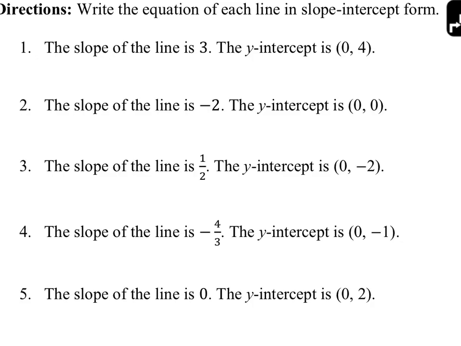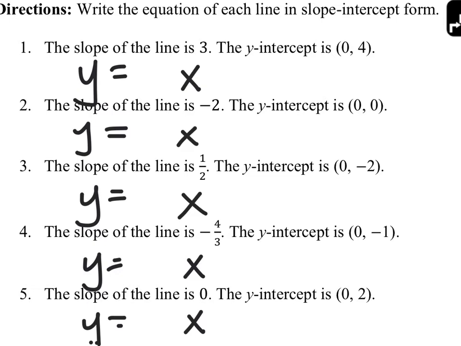Write the equation of each line in slope-intercept form. Well, if that's the case, then we know that each of these should have some kind of y equals something in front of the x. And we can do that for all of these. And all I'm doing is replacing the slope into the coefficient of x, and then the y-intercept will be added or subtracted to the number of x's that we have.